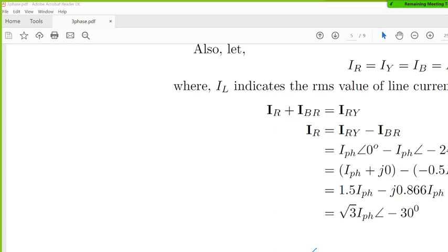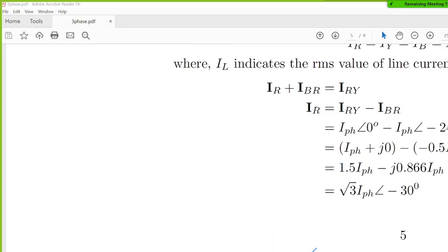Okay. Can we write it? Can we say this? Is it okay to say this, Harsh? Correct? So this IR is the vector sum of IRY and IRB.